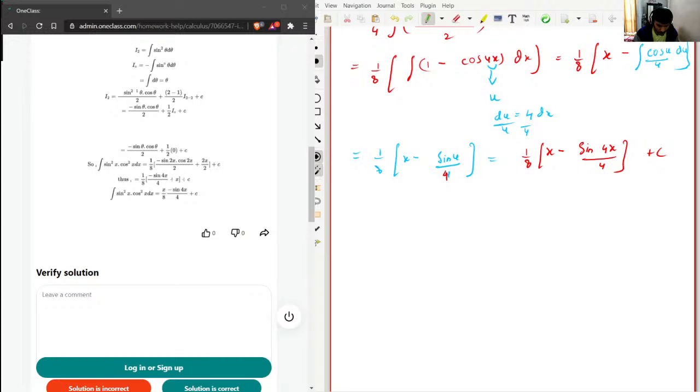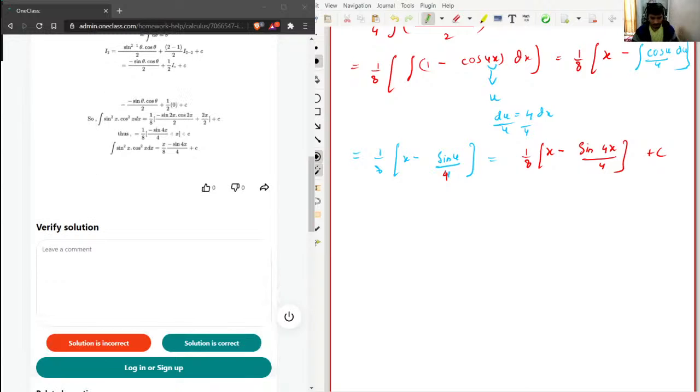So 1 over 8 minus sine 4x over 4 plus x plus c. But in the final statement, they forgot to multiply this 8 here. So the solution is correct, and I'll just write that the solution is correct. I'll just mention that in the last step the 8 is not multiplied.